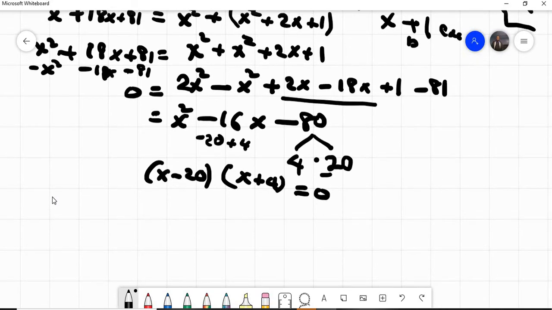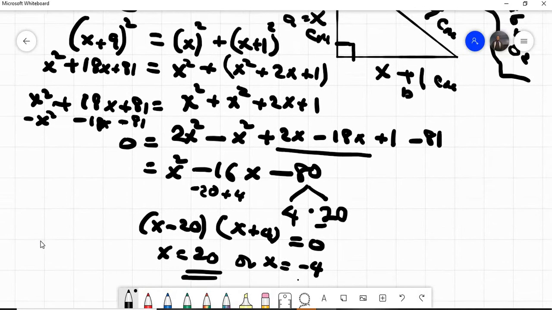So this was what's gonna happen. So x is gonna be 20, or x is gonna be negative 4. Since length cannot be negative, we're gonna take 20.